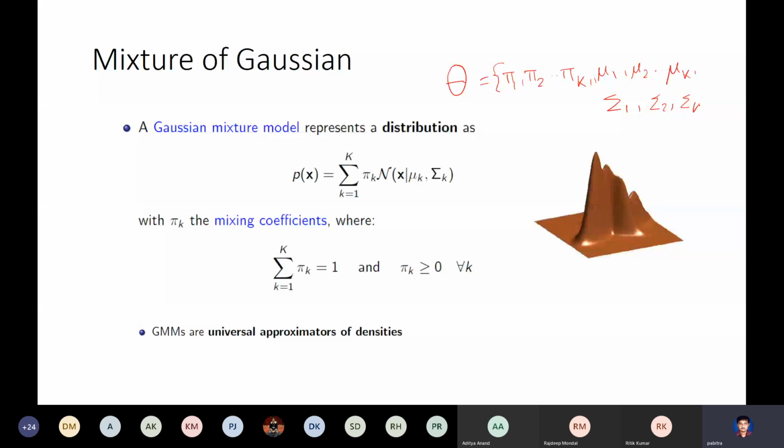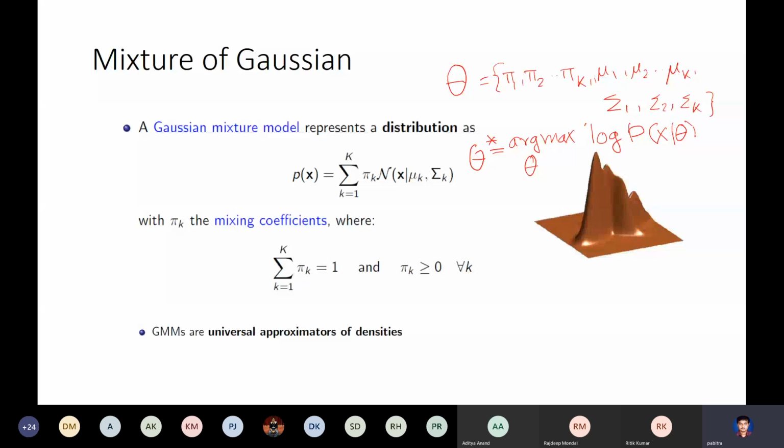And we are interested in theta star, the optimal value of theta, such that we maximize over all possible values of theta the likelihood, or rather the log likelihood of the training data given a value of theta.